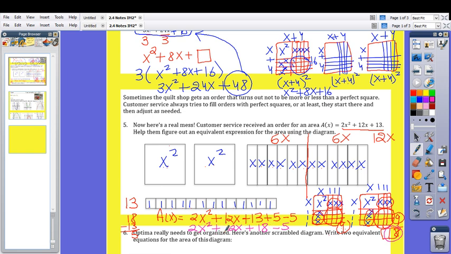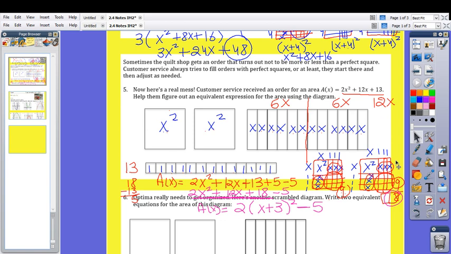So now we can take this 2 out, so then we can also write this down as x plus 3 and square of that, and there are 2 of them, so we will be writing 2 times (x plus 3) squared, and this extra 5, so take away 5. So our AX will be this. Okay. Let's do the next one.